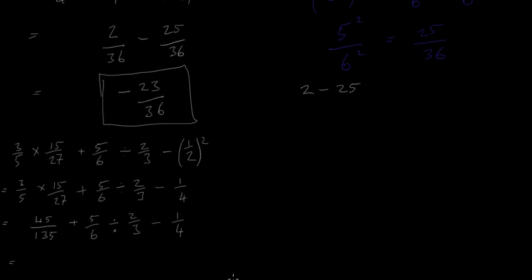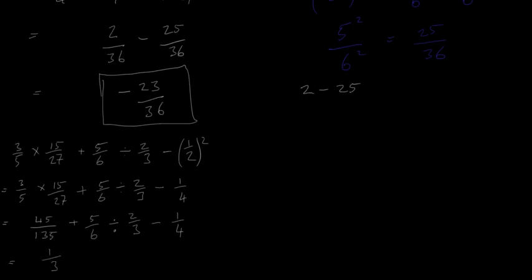Okay, so I'm going to look at these fractions. This fraction here is reducible. If you stick that into your calculator, what you'll actually end up with is 1/3. In other words, if you divide 135 by 45, you'll get 3. So this just reduces to 1 over 3.